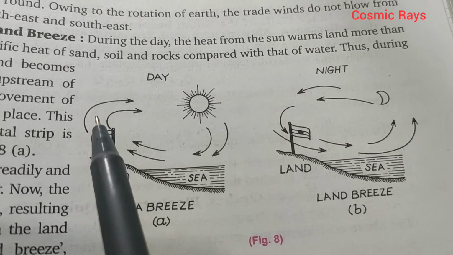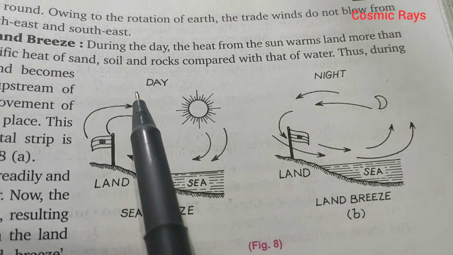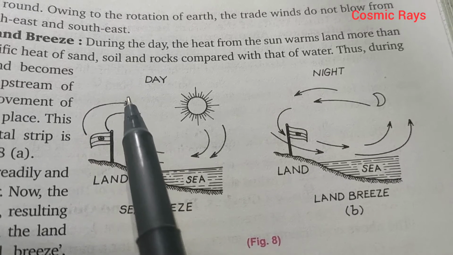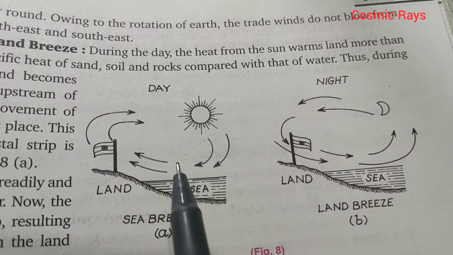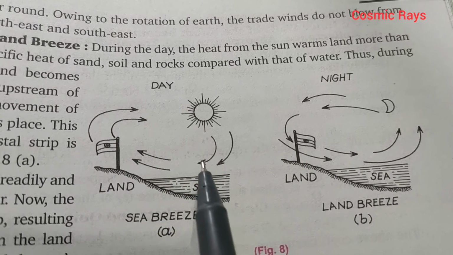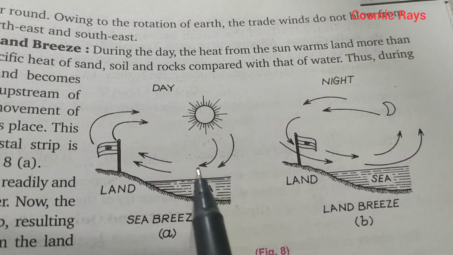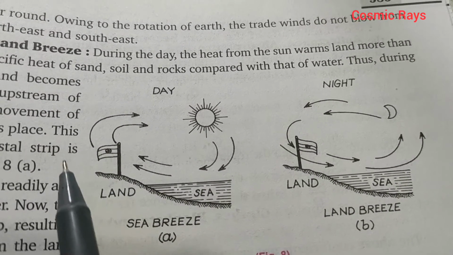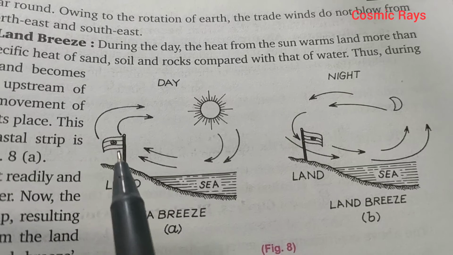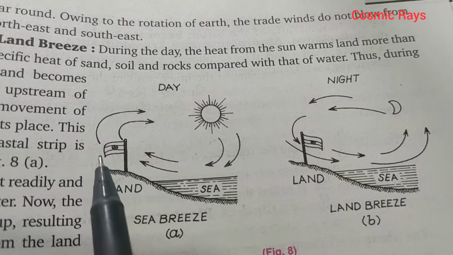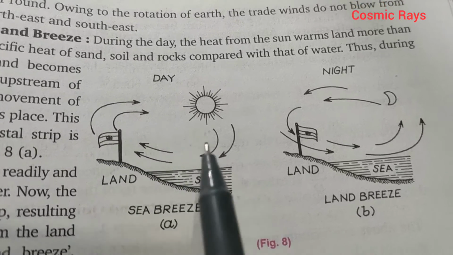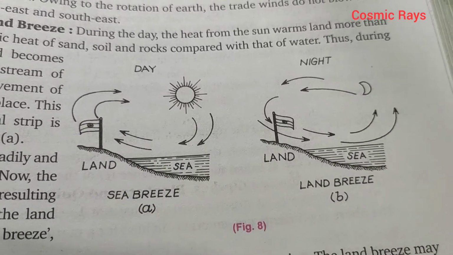Once it gets heated up, it will rise up. Once this air present over the land rises up, then the colder air present over the surface of the sea will take its place over the land, and we have the sea breeze as the air is blowing from the sea towards the land.